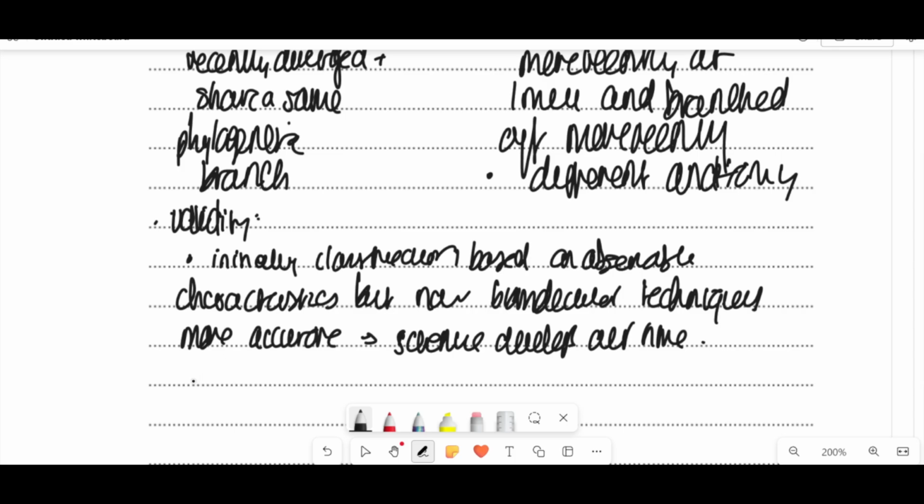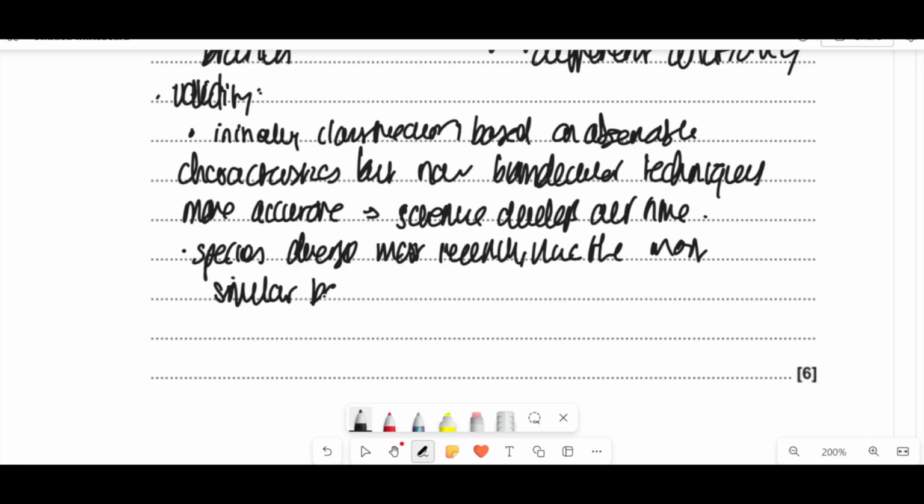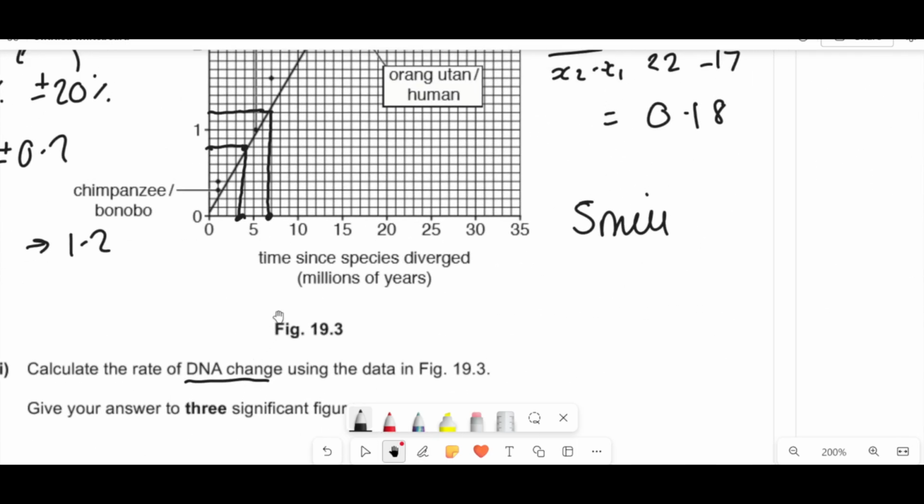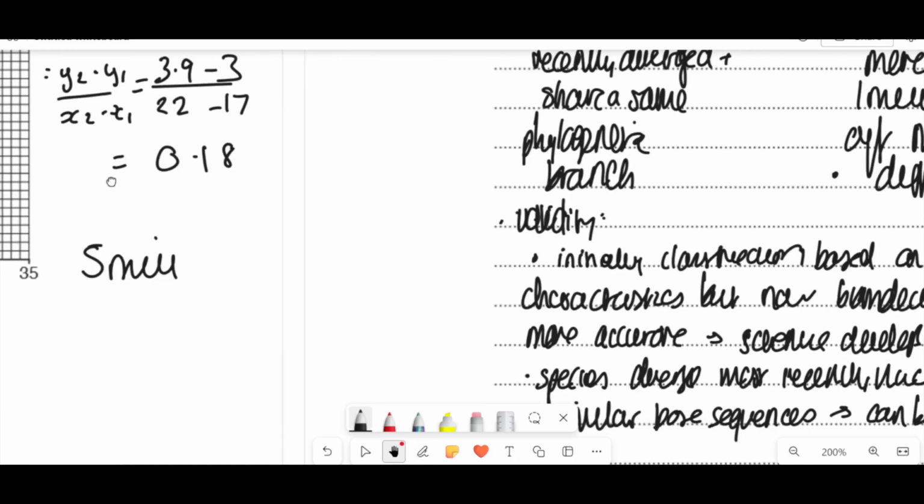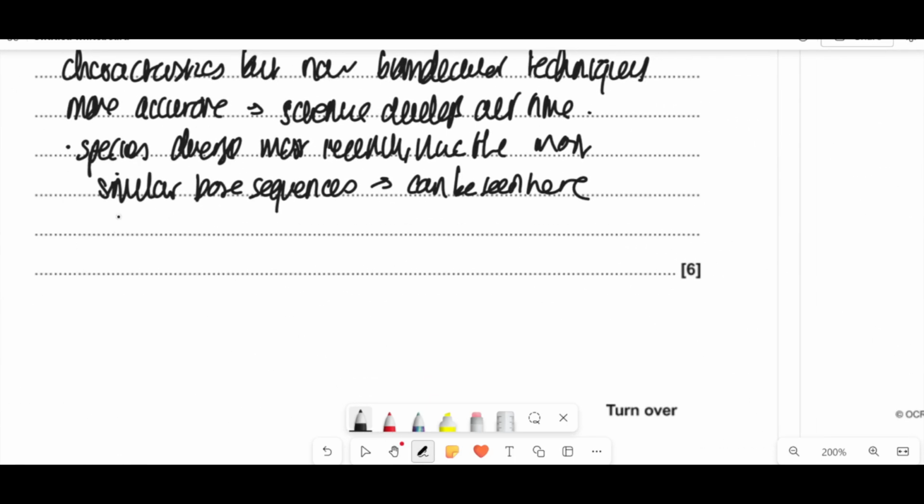Now, the species that diverge most recently have the most similar base sequences, which can be seen here between the chimpanzee and bonobo, because that's the percentage difference between them. So it's probably not wise to just do it based on what we're seeing here, really, that's all.